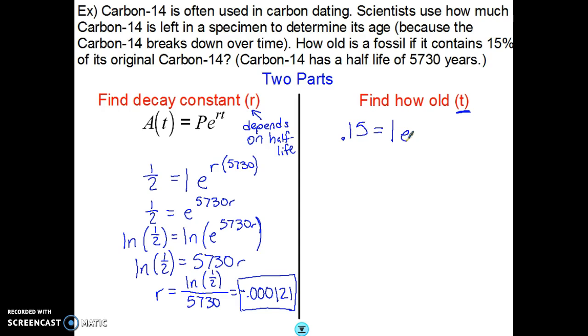So we can fill in the rest of this. We now know R is negative 0.000121, and we don't know what T is. Again, this 1 doesn't really mean anything, so we can divide it away or just ignore it.